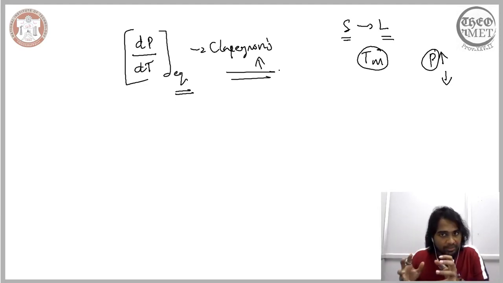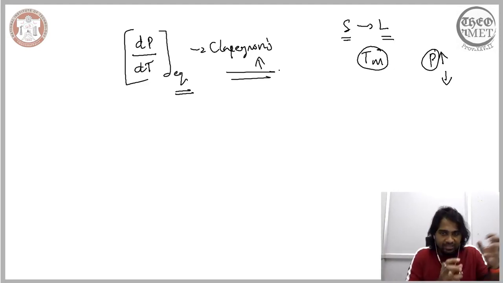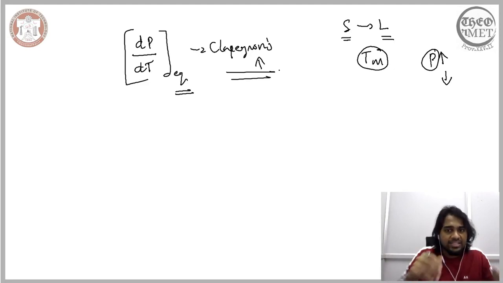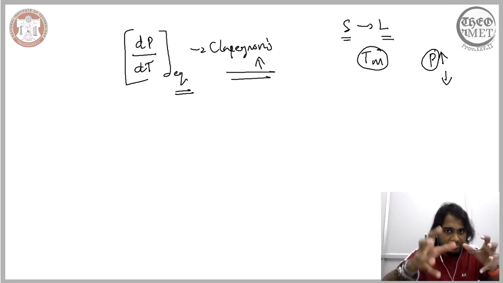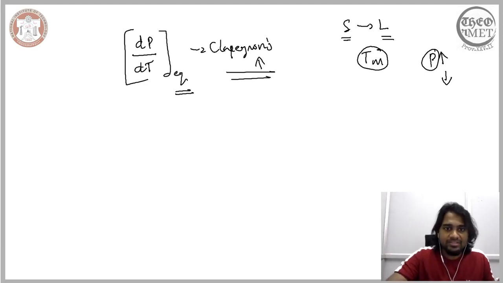And now ultimately we were able to understand the trend in the line that separates the phases, the line that indicates the equilibrium between two phases. The slope of this line can be understood by Clapeyron's relation. So we will build on this in the subsequent lecture.